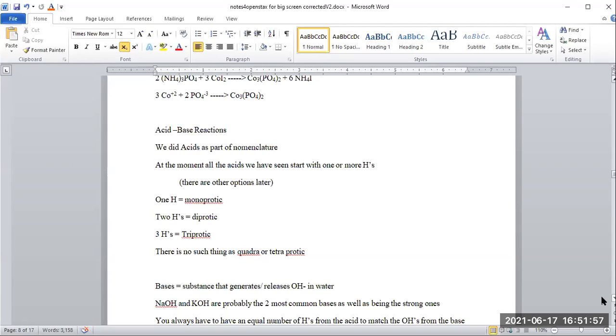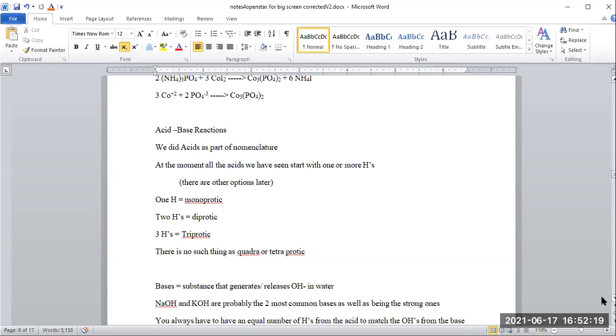And again, this is somewhat in terms of inorganic chemistry. If you take higher levels of chemistry, they will talk about some additional options, but we're going to confine ourselves to certain things for this semester.